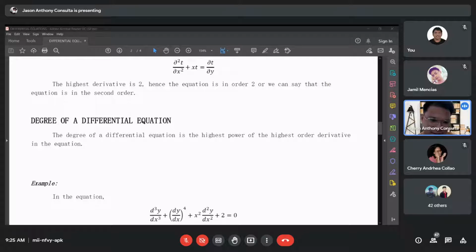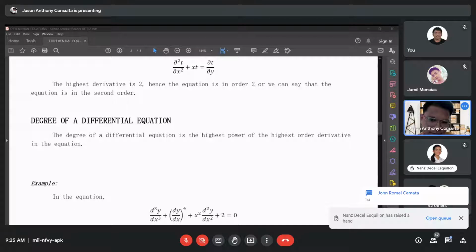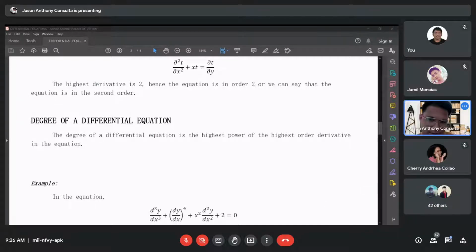Ang order niya is third order. So, since third order, ang degree is yung power ng order natin. So, third order, ano yung power niya? Raised to 3, sir.